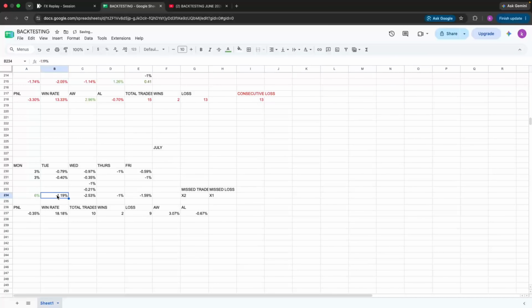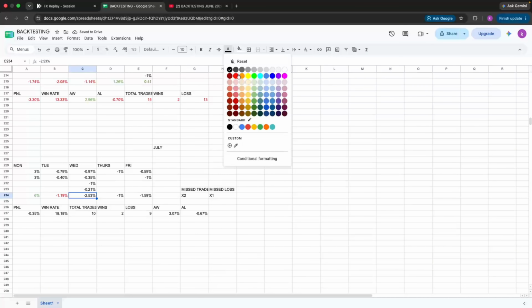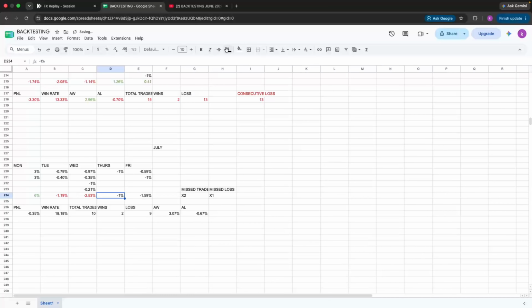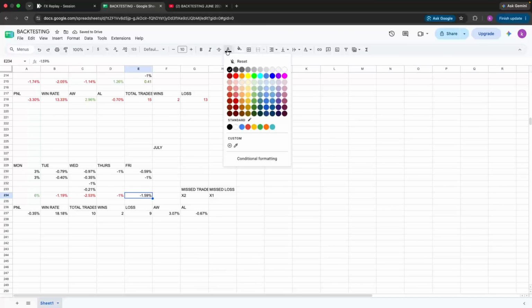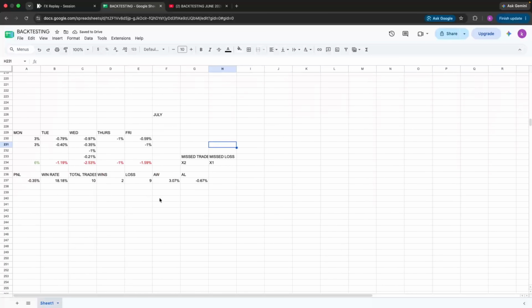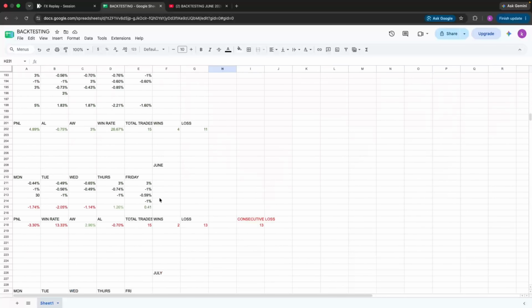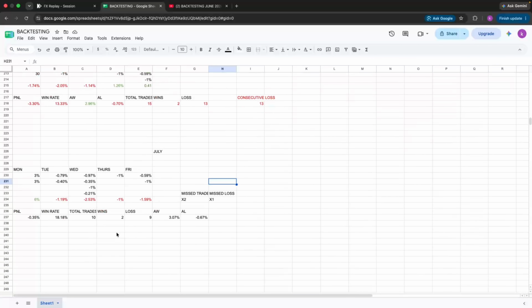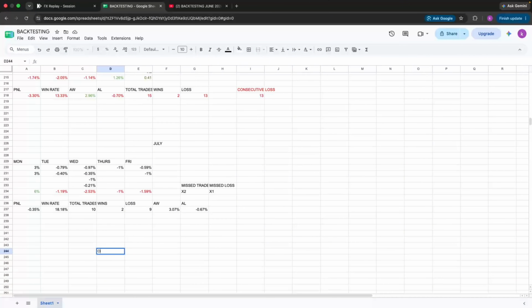So green day, red, red, red, red. So that is a back test of, so I'll write down overall, right?